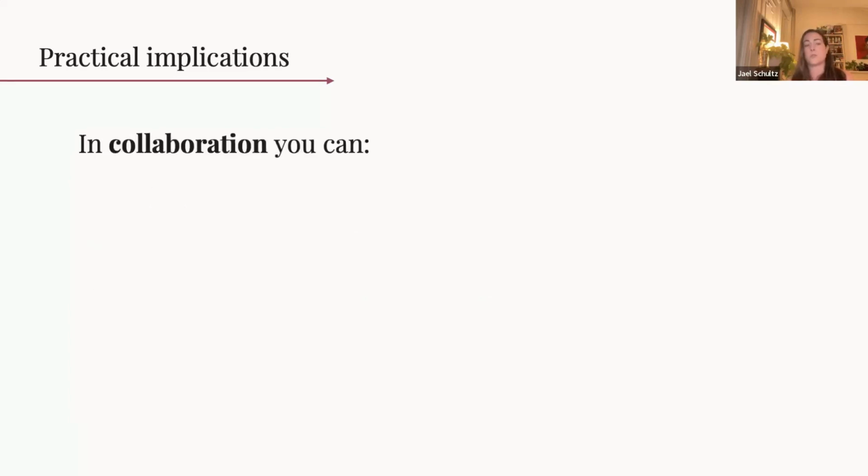When it comes to collaboration, I think there are a few really useful applications here. We can share earlier and more widely. If we want to affect real change, whether within an organization or within a digital system, our first customers are actually our partners, for better or for worse.